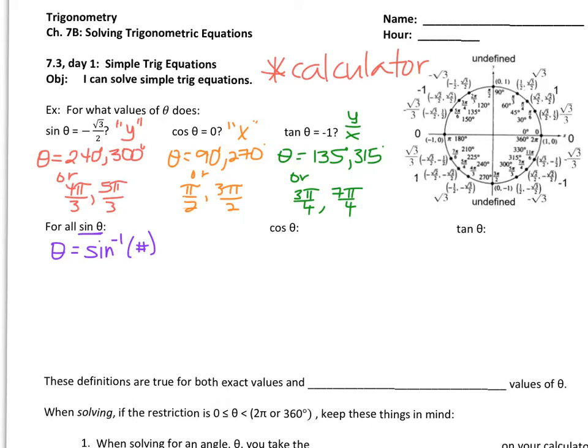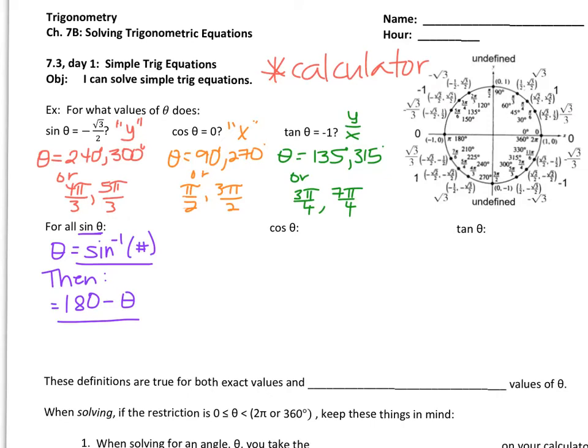So that's going to be the first answer. Then, since sine is matching in quadrants 1 and 2, we do 180 minus the answer we got to get the second one. So here's your first answer by taking the inverse, and then here's your second answer by subtracting that from 180. This is going to be a rule you want to remember.